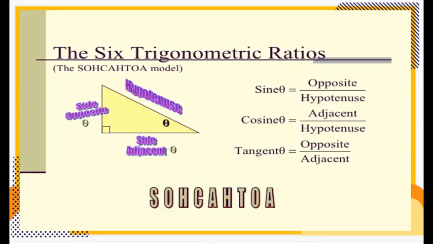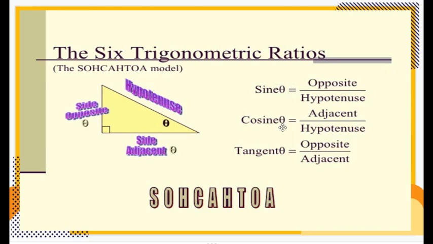There are 6 different trigonometric ratios. We have sine theta, cosine theta, and tangent theta. We identify the ratio of sine theta by getting the opposite side over the hypotenuse.